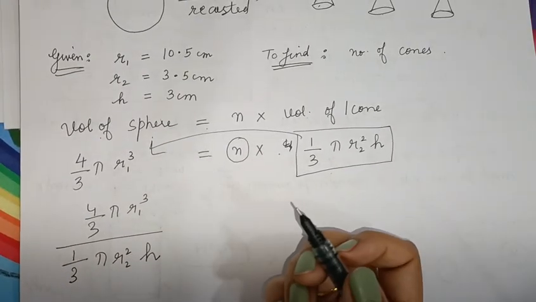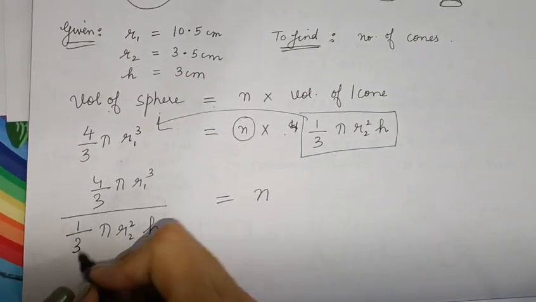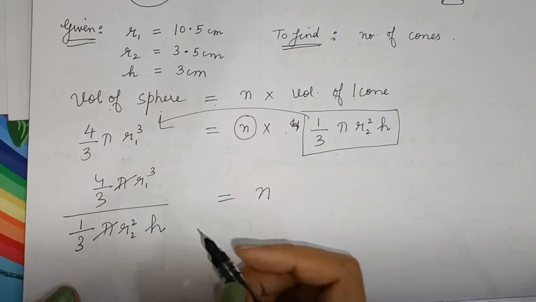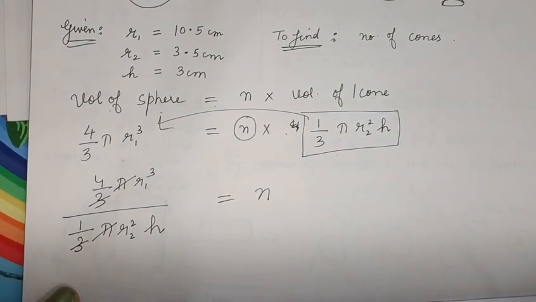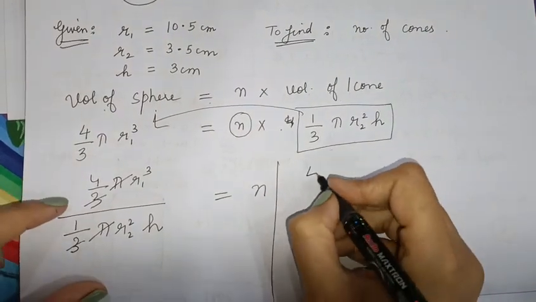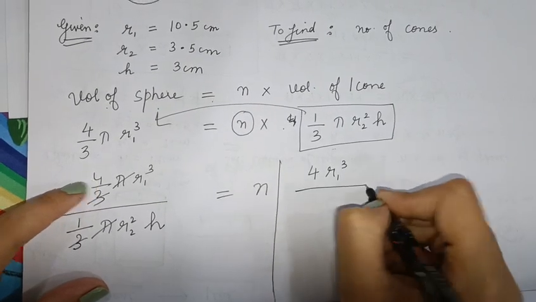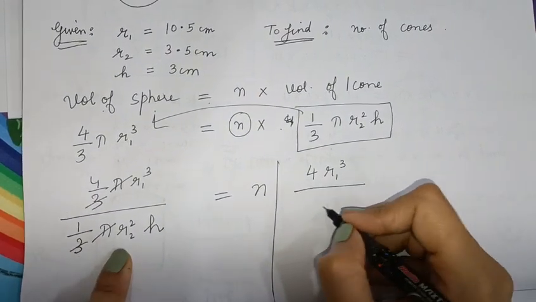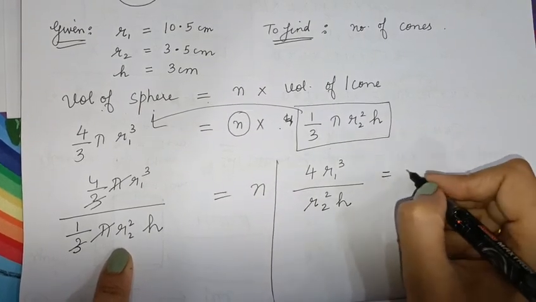Whatever can be cancelled, we can cancel. Pi and pi will get cancelled. This 3, because both the 3s are in the denominator, we can cancel that also. So what we are left with is 4 R1 cube by R2 square h, equals n.